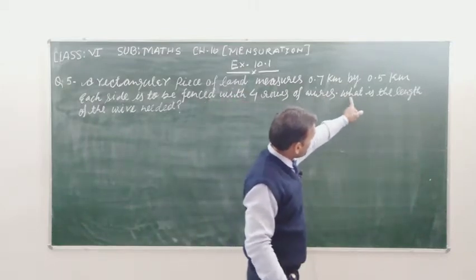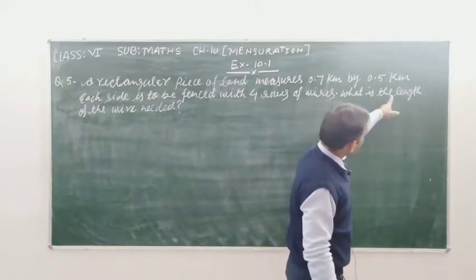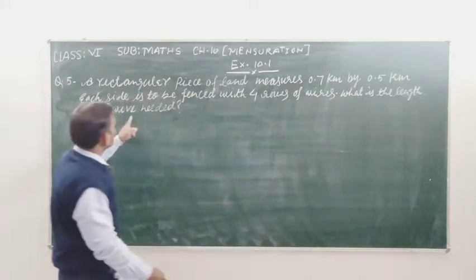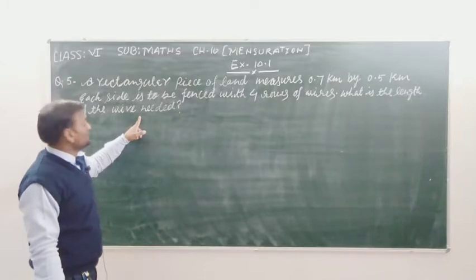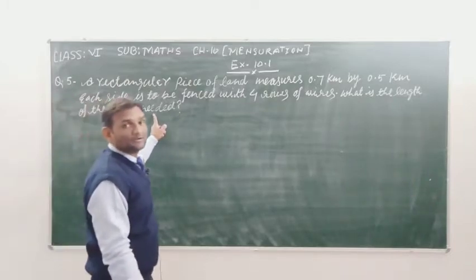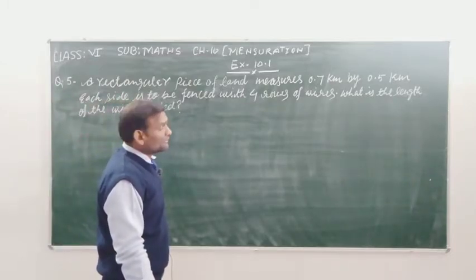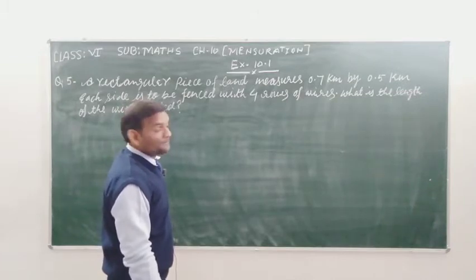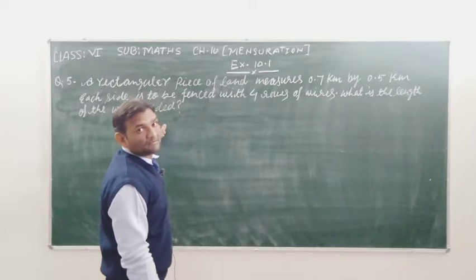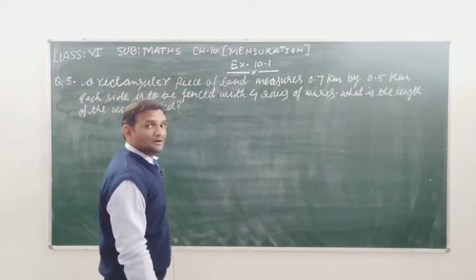What is the question asking me, student? What is the length of the wire needed? Total length of the wire which is needed for fencing the land 4 times in 4 rows of each side.